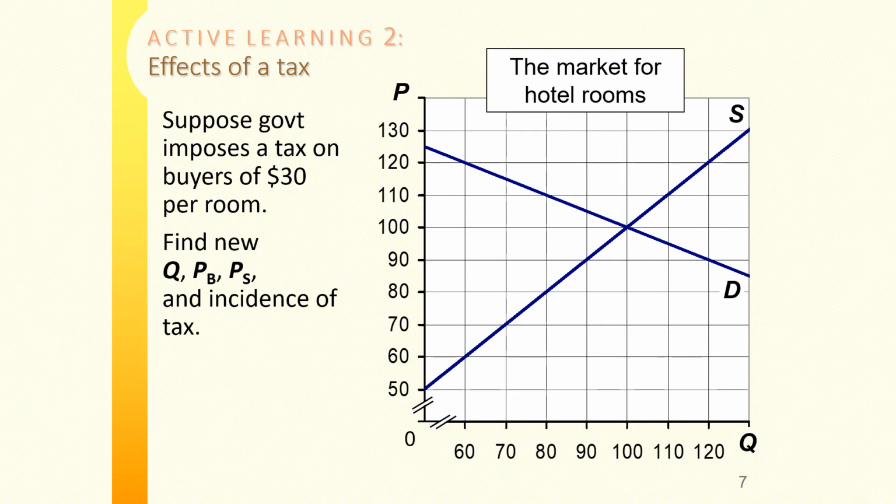And also, can you say who will be paying how much tax, whether the buyer will be paying more tax or the sellers, and how much tax are they going to pay? By this I mean the tax incidence. You can calculate the tax incidence. So try it, pause the video and see if you can do this, and I'm going to tell you the answer in a while.